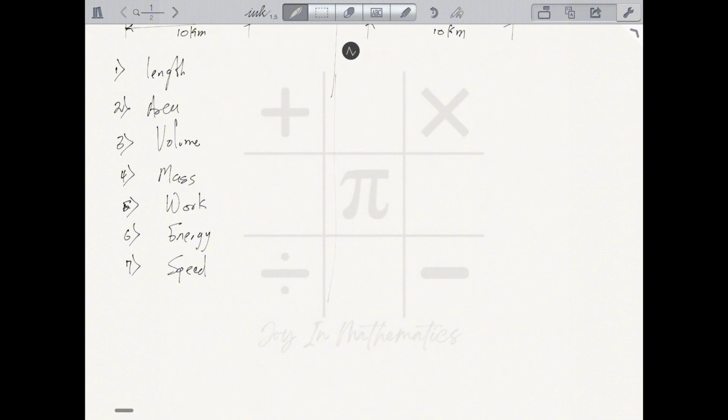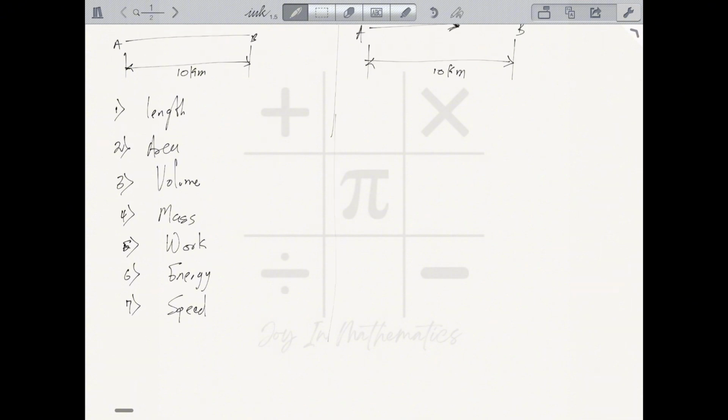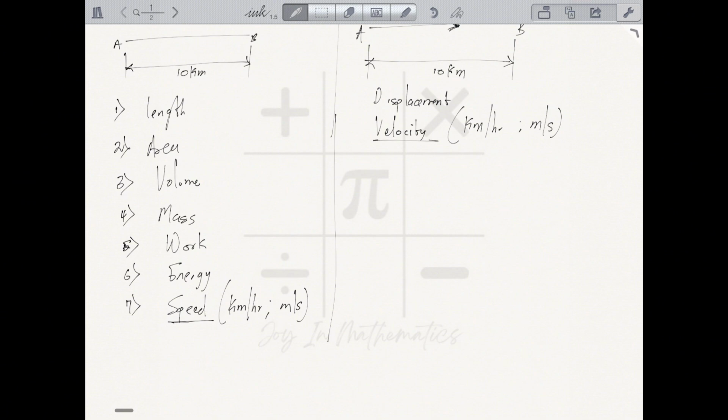In the same vein, we have vector quantities. The vector quantities include displacement. We have velocity. You can see speed and velocity both can have the unit of kilometer per hour, meter per second. But what distinguishes speed and velocity is the direction.